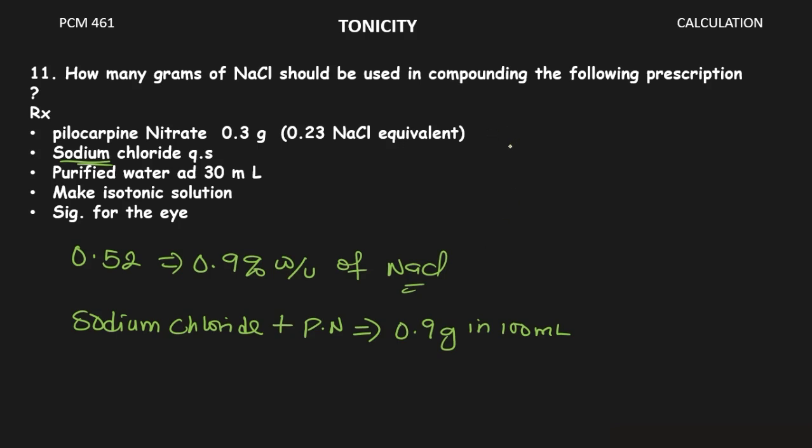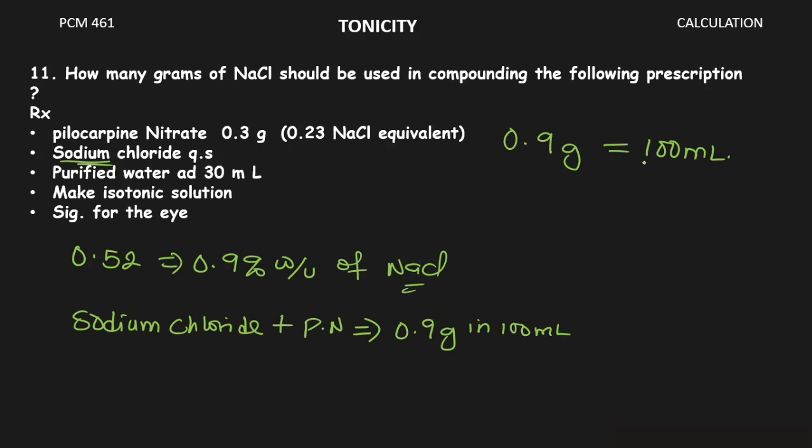So you are now going to say, look, 0.9 gram is equivalent to 100 mil of normal saline. But the solution you are preparing is not in 100 mil, it's in 30 mil. So you have to make everything 30 mil. So sodium chloride plus this will give you that amount in 30 mil.